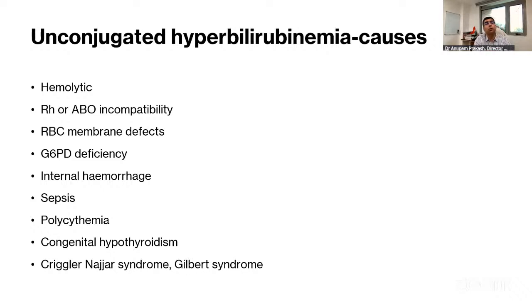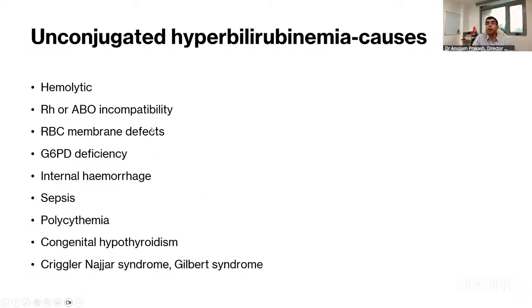But you say conjugated hyperbilirubinemia when it is more than 50% of the total bilirubin. So in no case will there be an unconjugated one, because the definition is more than 70, 80, 90% of the total bilirubin. You should understand there will be some components, because the disease may be sepsis or a chronic liver disease with some hemolysis component. But you should be very clear whether it is an unconjugated or a conjugated hyperbilirubinemia. I have a couple of cases, we will discuss this later.